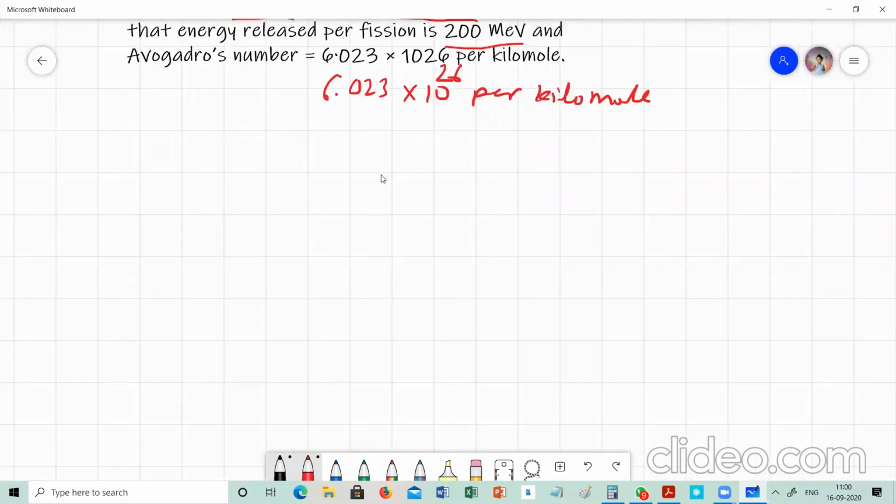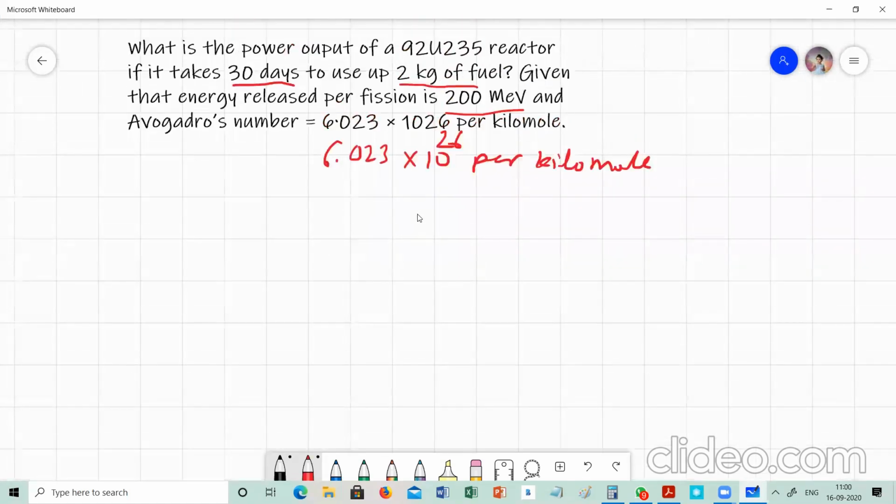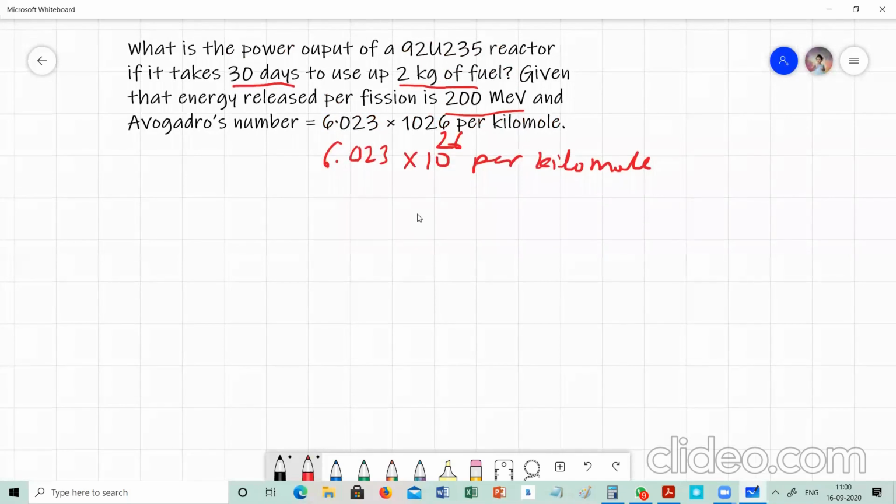They have given the Avogadro's number, and we have to calculate the power output. For that we have to calculate the total energy released. For that we have to know the energy released per fission of one atom, which is given as 200 mega electron volt.